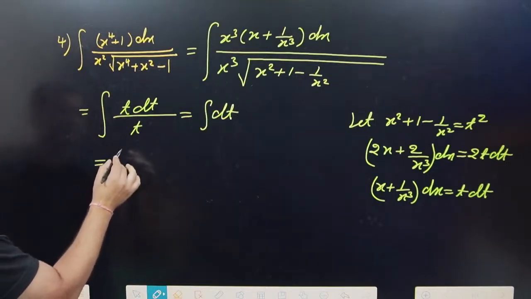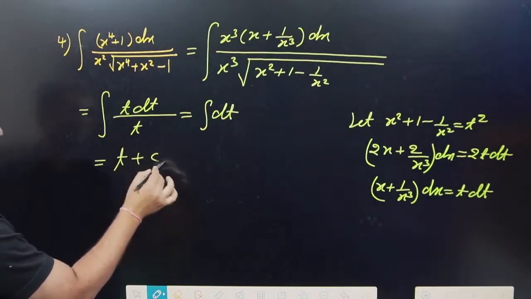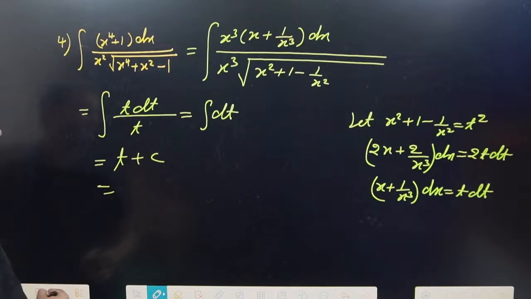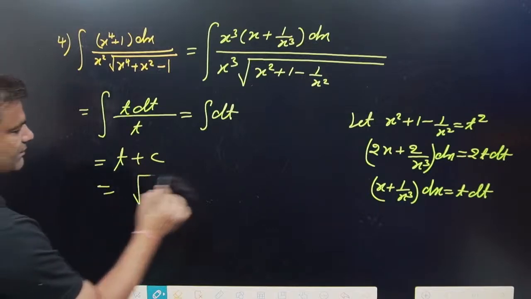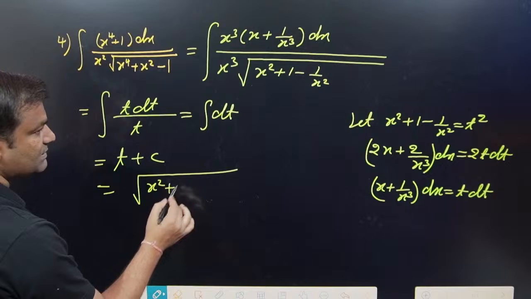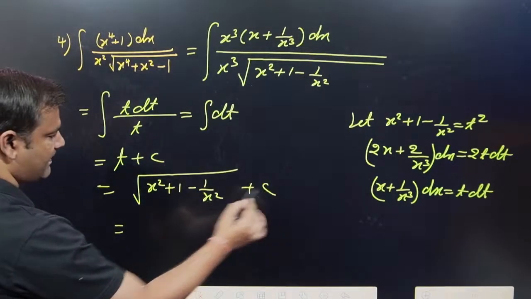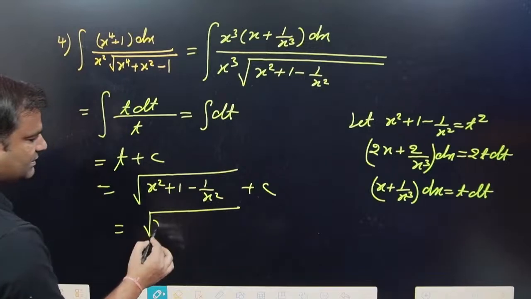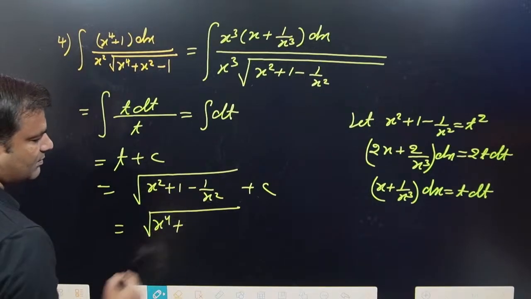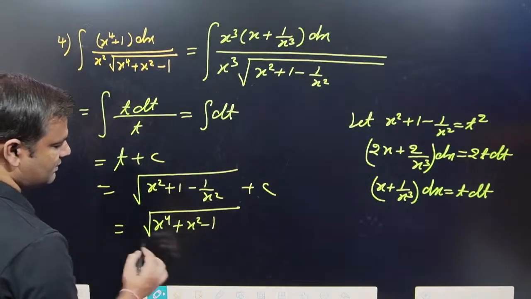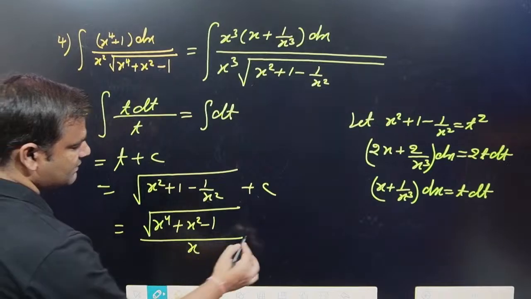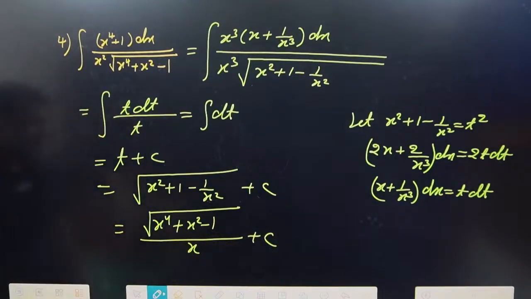So finally you can say that t plus c, and t is how much? Under root of x square plus 1 minus 1 by x square plus c. So you can say that the value is x to power 4 plus x square minus 1 divided by how much? x plus c is the right answer. Make it.